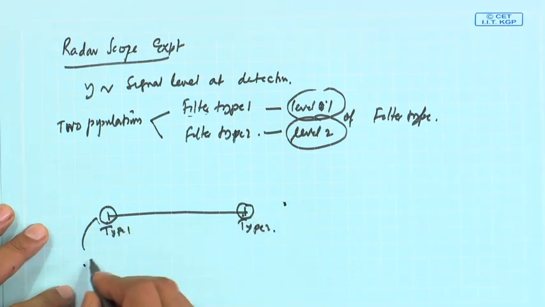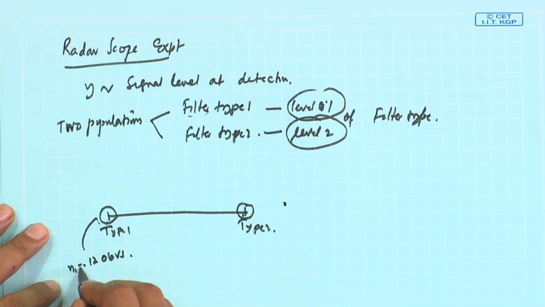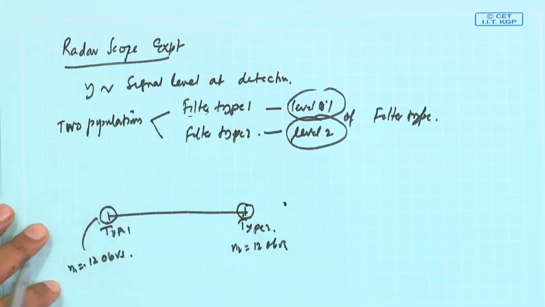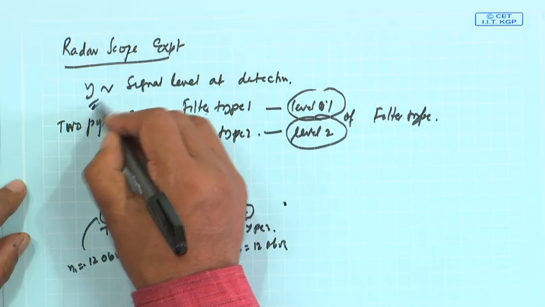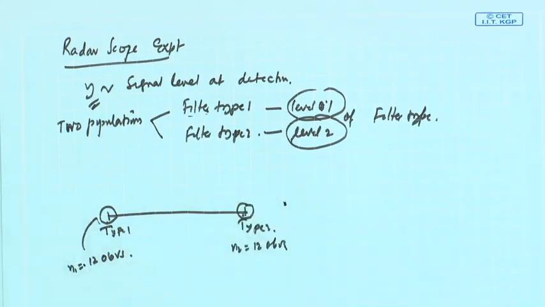So N1 equal to 12 observations, and N2 equal to 12 observations, you have collected. Your sole interest is to see whether the mean y will differ for the two or not. This is important, because when your factor has two levels, you can do this.